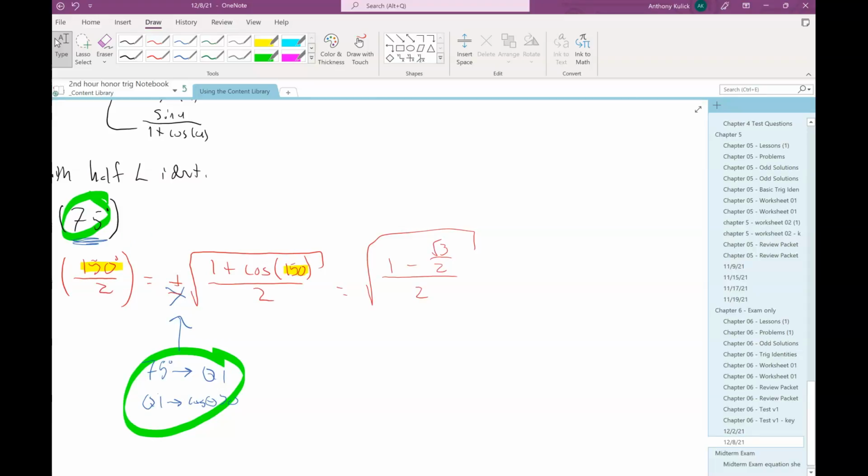What's wrong with it? I've got fractions inside of fractions, right? Let's take care of that. What should I multiply the top and bottom of this by to get rid of the fractions inside of fractions? Close. It's actually going to be square root 2 over 2. To multiply that 2 inside the radical, the 2 also has to be under a radical.